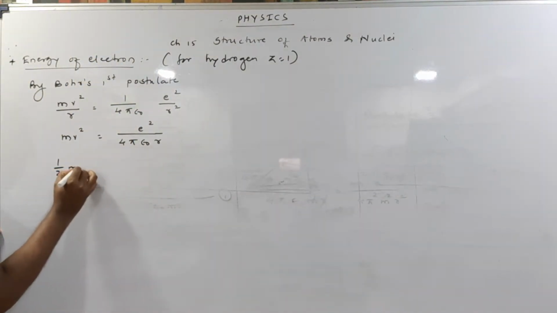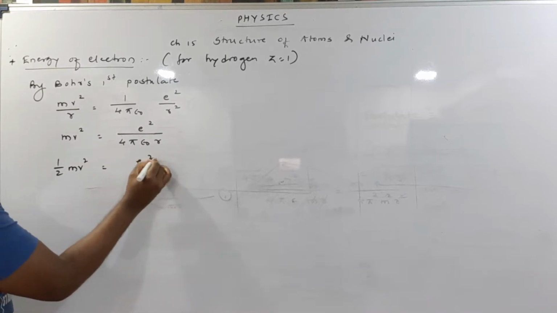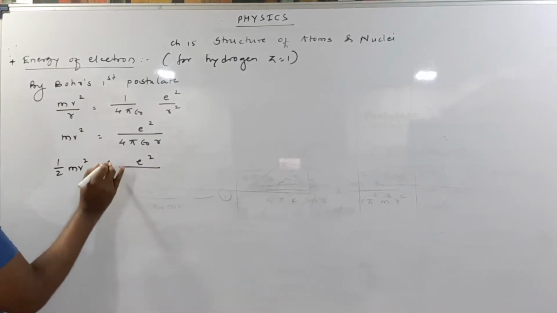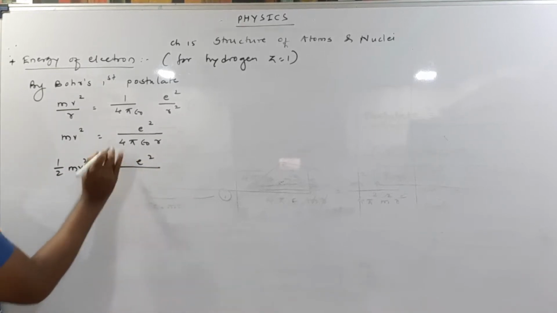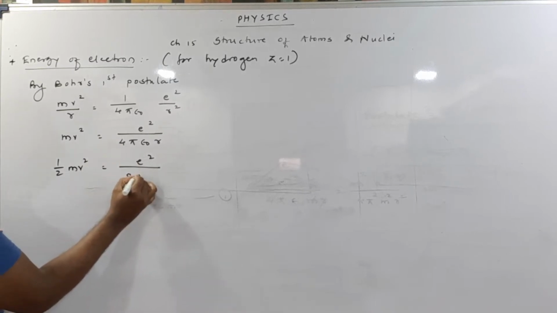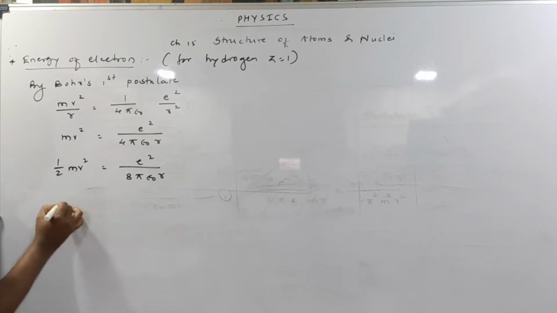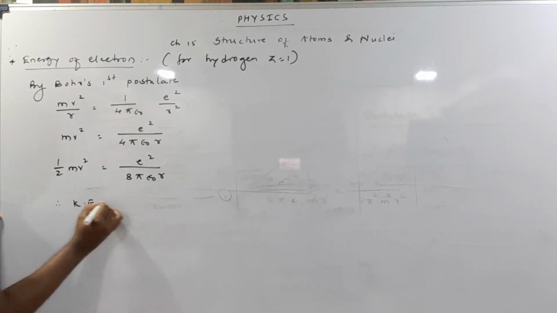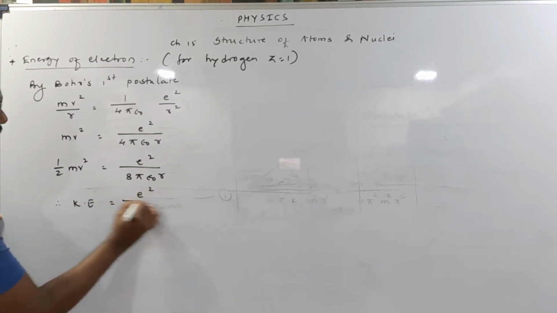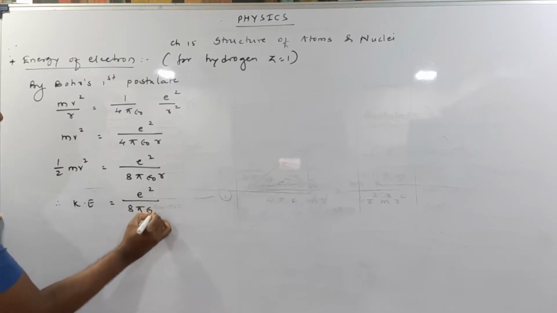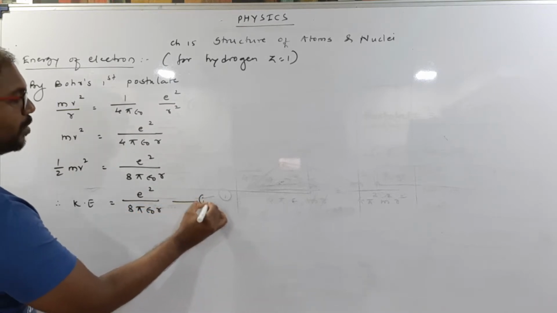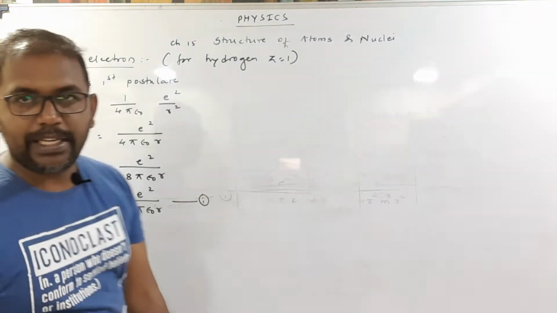So 1 by 2 mv square is equal to e square divided by, 2 into 4, 8 pi epsilon 0 R. Now this is kinetic energy. Hence I can write kinetic energy is equal to e square divided by 8 pi epsilon 0 R. So equation number 1, we get kinetic energy.